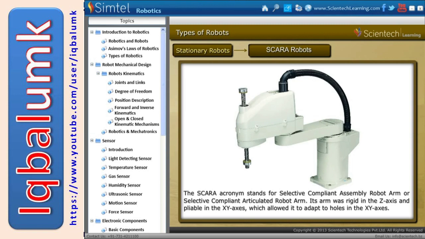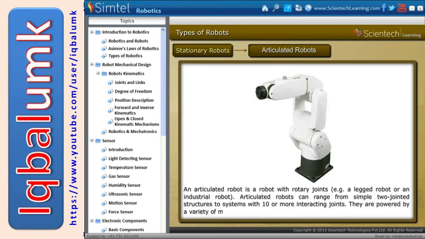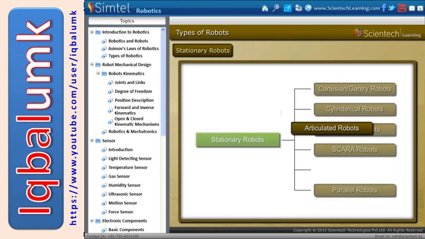Another one is articulated robots. An articulated robot is a robot with rotary joints. Articulated robots can range from simple jointed structures to systems with 10 or more interacting joints. They are powered by a variety of means, including electric motors. Parallel robots.